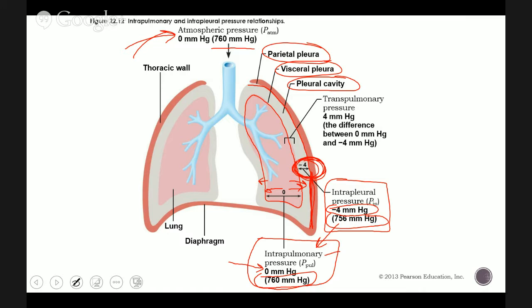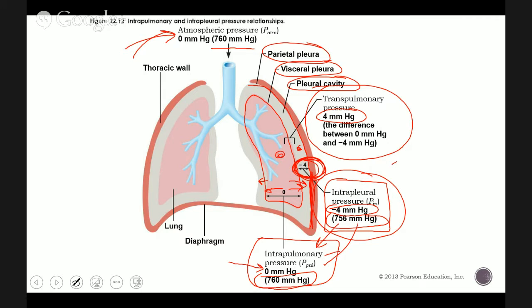All right? And then we have something called the transpulmonary pressure, which is not really that important in our discussion here, but it's basically showing you that the difference in the pressure between inside the lung and outside the lung is 4 millimeters mercury, but we determined that already because we see that the intrapleural pressure is 4 millimeters mercury less than this one.